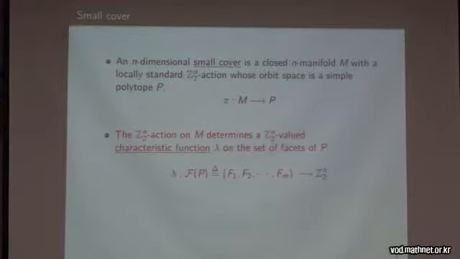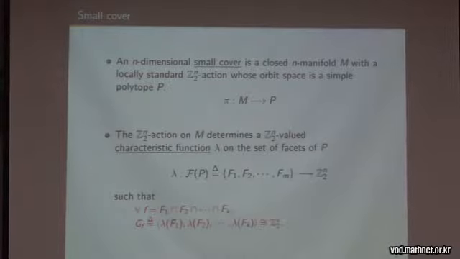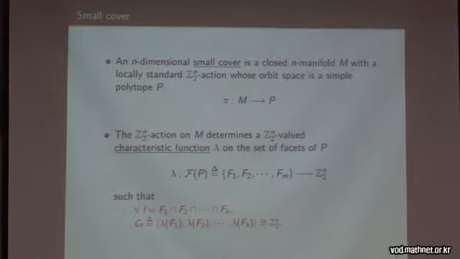Such a Z_2^n action determines a characteristic function on the set of facets of the polytope, and satisfies the following condition: for any codimension k face F equal to the intersection of F1 to Fk, the values lambda F1 to lambda Fk generate a Z_2^k subgroup. We denote this group by G_F.